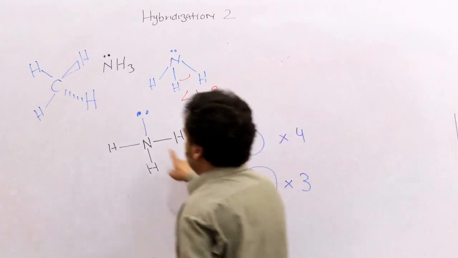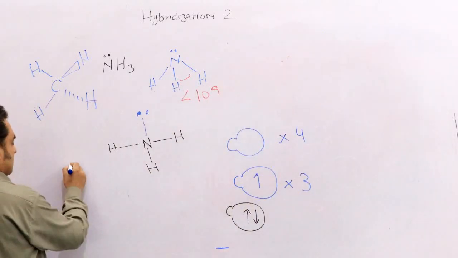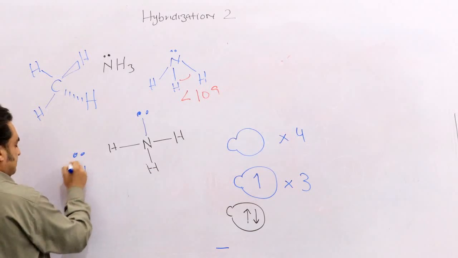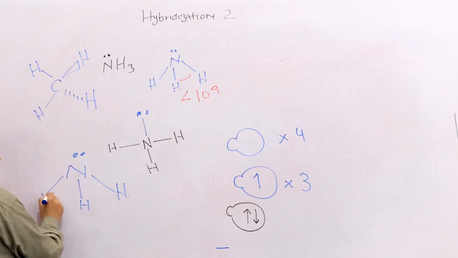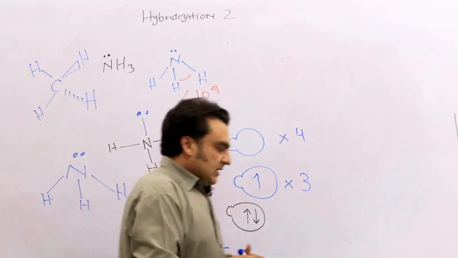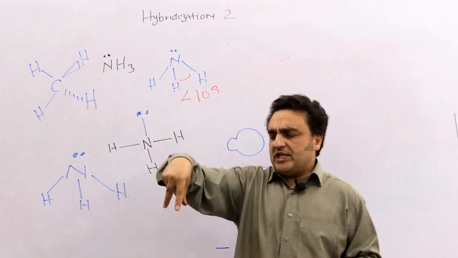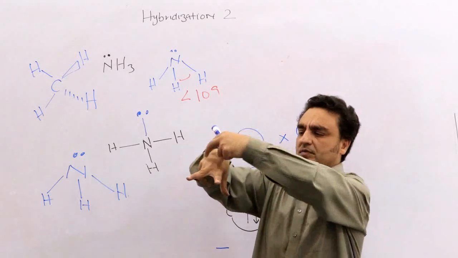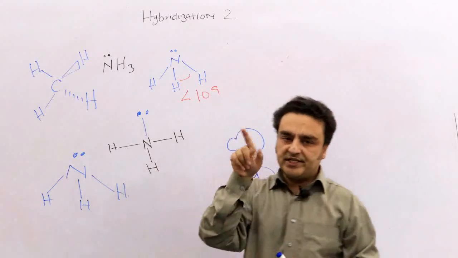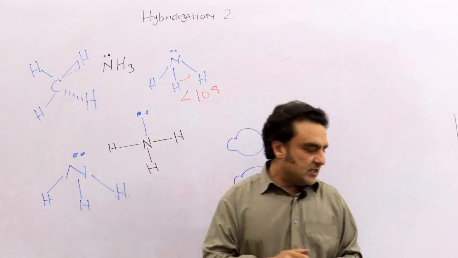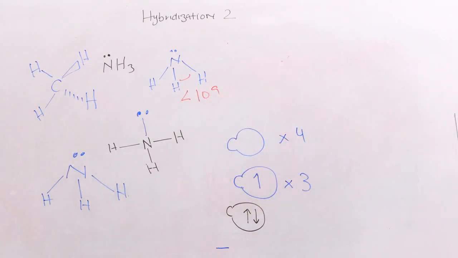It is not tetrahedral, it is called trigonal pyramidal. Trigonal means it has 3 legs, and because the lone pair shrinks them, the angle between each of them is less than 109.5 degrees.